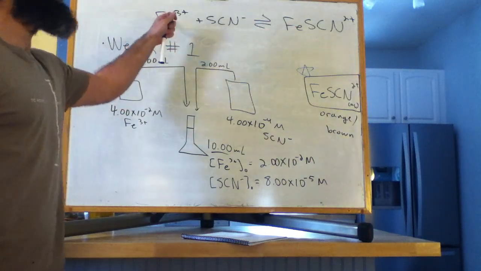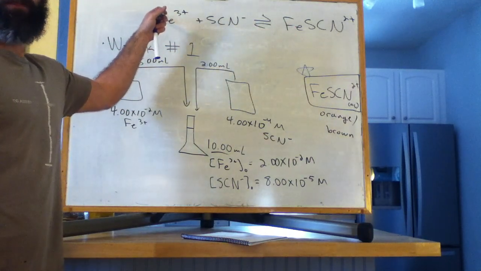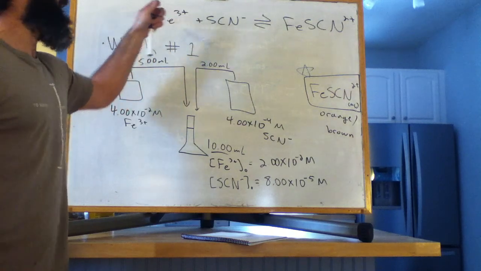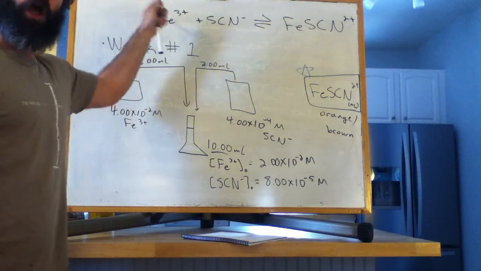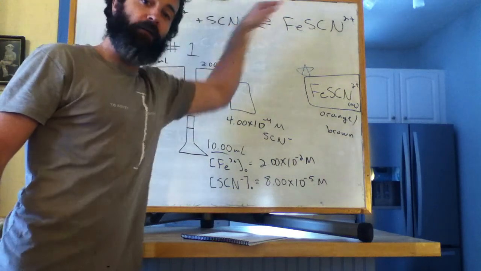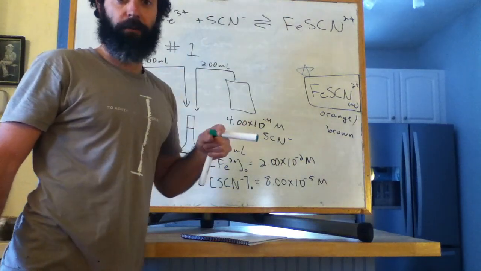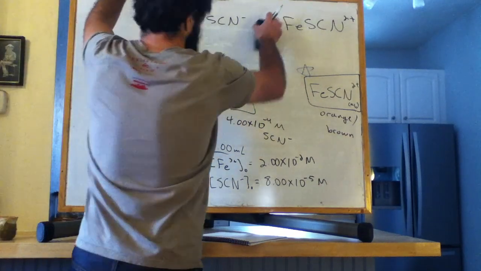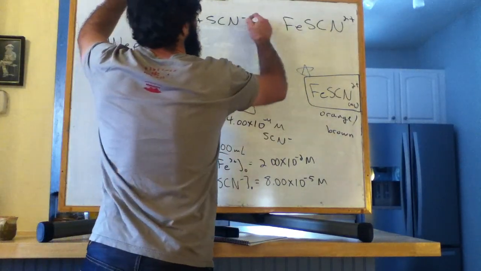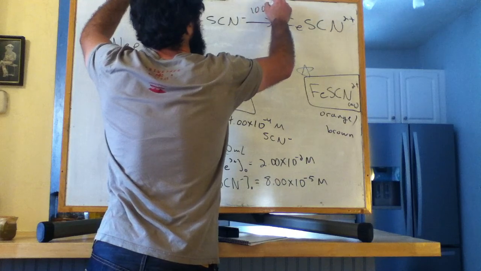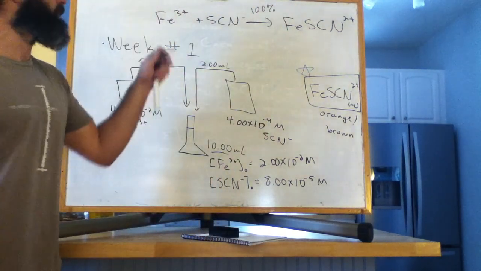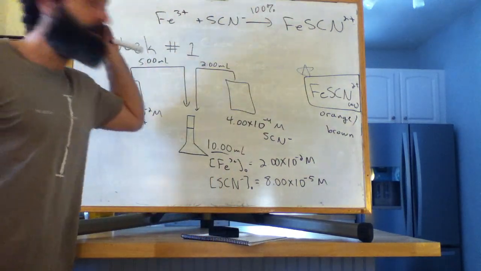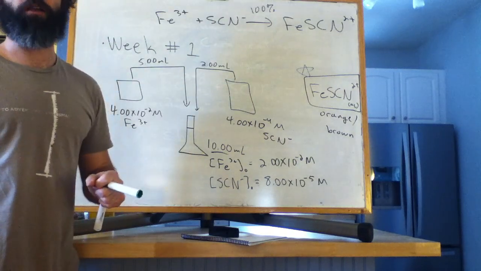Also, by adding a large excess of iron, think about Le Chatelier's principle, we are driving that reaction far to the right. So under these conditions, it is going to be a good assumption to assume this reaction goes 100% to completion. Again, the reason being is we've added so much excess iron, shifting the reaction towards products.